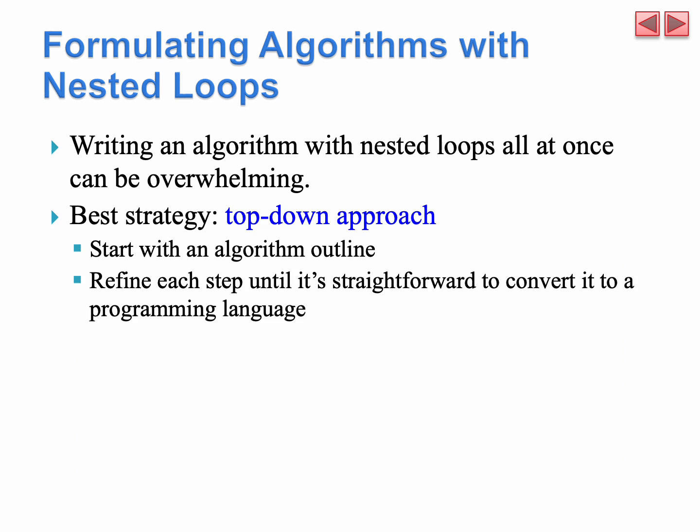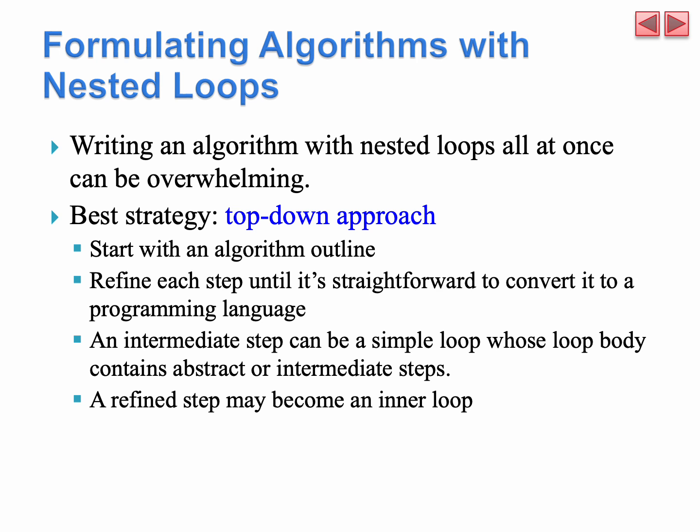The best strategy to design algorithms, especially those with nested loops, is to use the top-down approach. The common principle of the top-down approach is that you start with an algorithm outline which can have abstract and big steps. Then you keep refining each step until it's straightforward to convert it to a programming language.